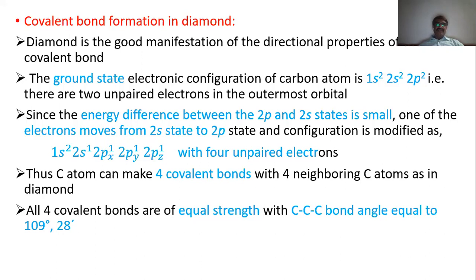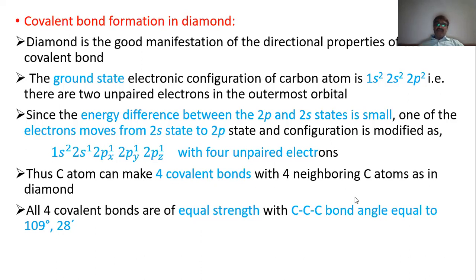And what happens when another carbon atom with the same four unpaired electrons comes near to it? In that case, this carbon atom will make a bond with that carbon atom in the specific direction. So this carbon atom, to share these four unpaired electrons, requires another four carbon atoms. Okay, four neighboring.